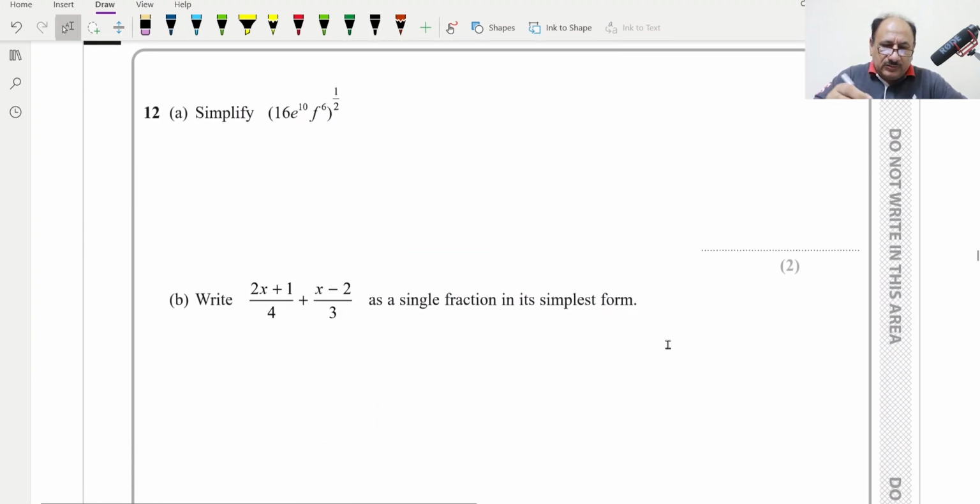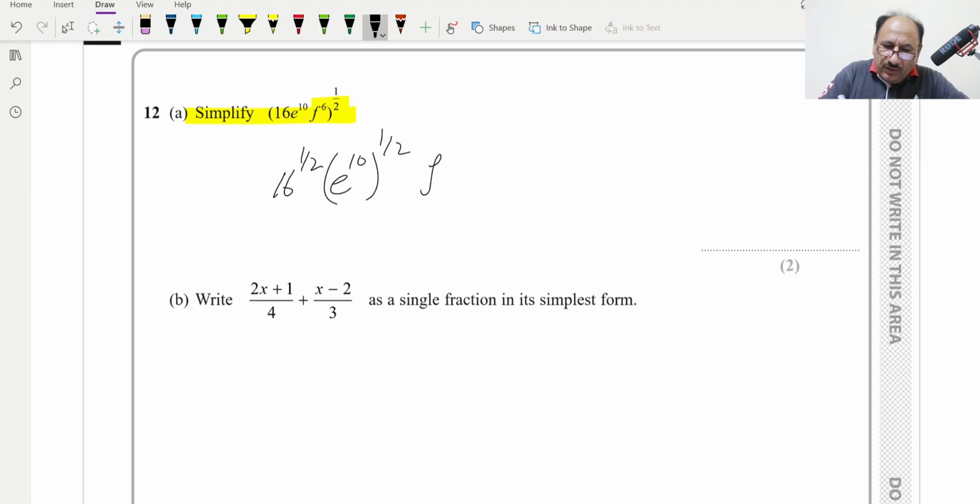Next comes question number 12. Simplify. These are straightforward, very easy questions. So we'll have to take the separate parts: 16 raised to power 1 by 2, e raised to power 10 whole raised to power 1 by 2, f raised to power 6 and whole raised to power 1 by 2.